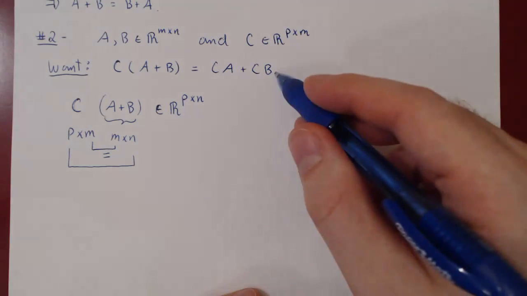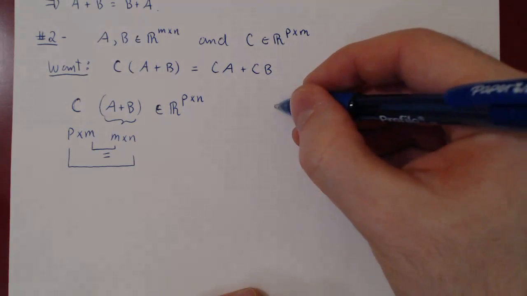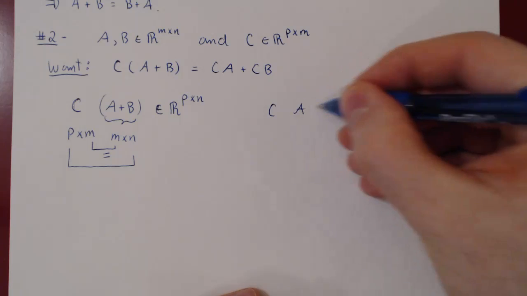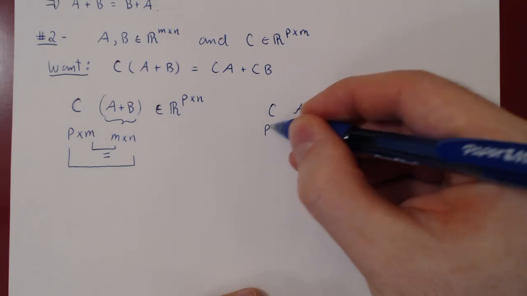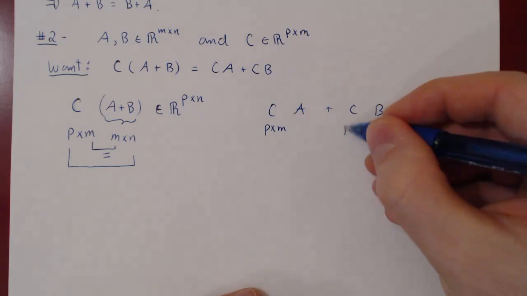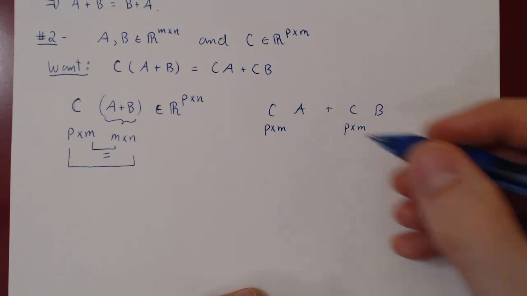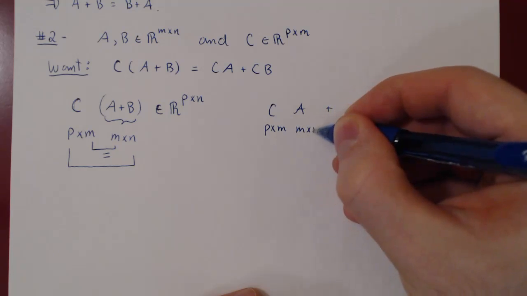Let's look at the right-hand side, CA plus CB. Well, C is a p by m, and both A and B are m by n.